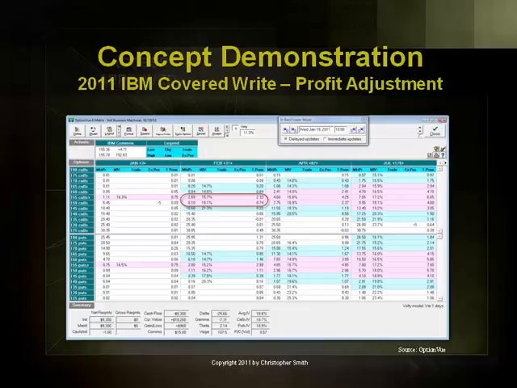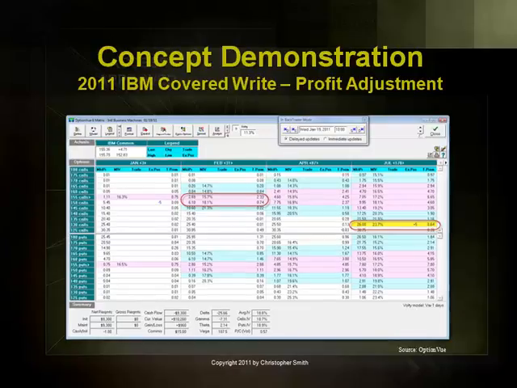So we're going to have to roll out to February, and we can roll out to the same strike, or perhaps we're going to roll out and up one strike higher, which would take us at the money. Our back month options are still there, and they're even further in the money.